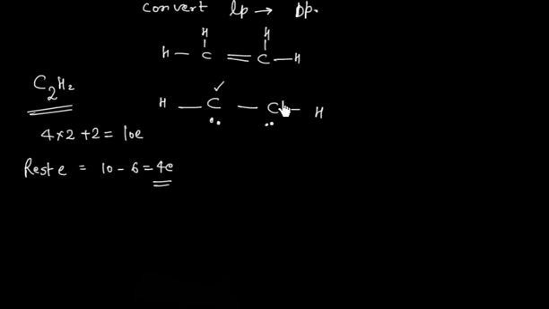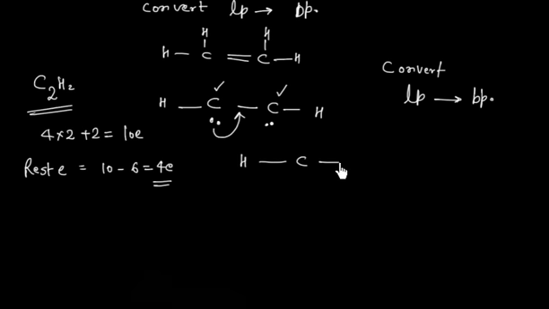This has only 6 electrons, this has only 6 electrons, 2, 4, 6, 2, 4, 6. So what we can do, we can start forming multiple bonds, converting a lone pair into a bond pair. If I convert this lone pair into a bond pair, hydrogen carbon, then we have two bonds, and then I have a lone pair here, and then I have hydrogen.